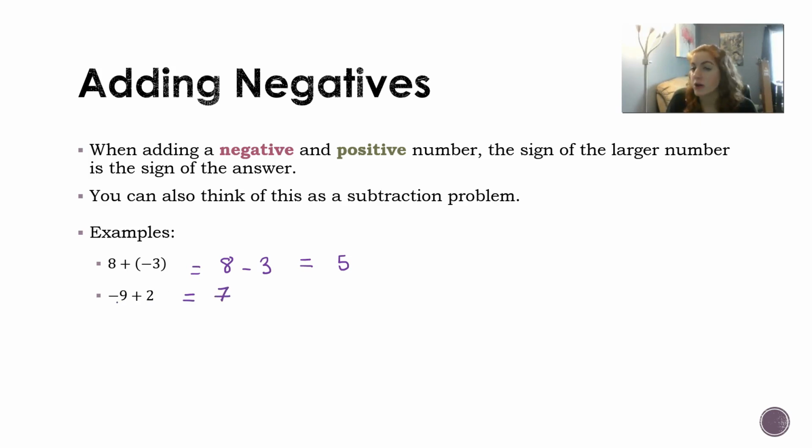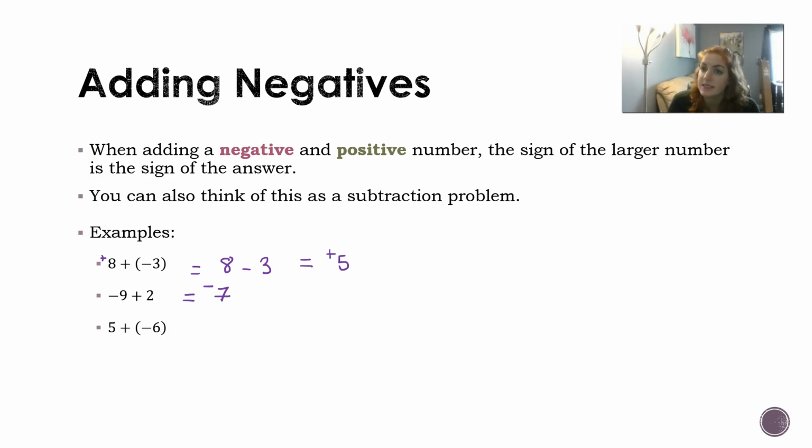But since your larger number is a negative, that's what you're going to end with. Okay? Whatever number is larger, that's the sign that you're going to have. In our first example, the 8 was larger, so your answer was positive. Okay, since the larger number was a positive number. So it's whatever number is larger when you're adding a negative and a positive.